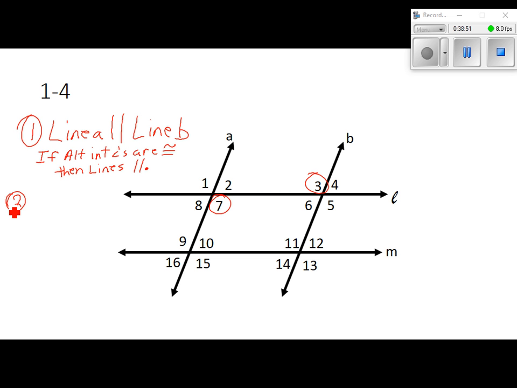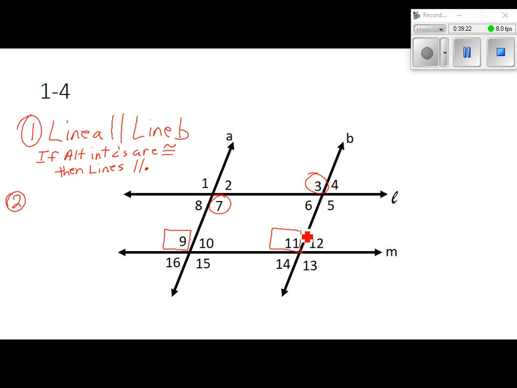Angle 9 is congruent to angle 11. Angle 9, angle 11. Which line connects 9 and 11? So what line do I need to get rid of? T. Or is that an L again. So if I get rid of that, what kind of angles are those two to each other? Corresponding angles. What two lines are going to be parallel?